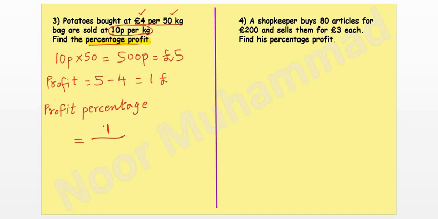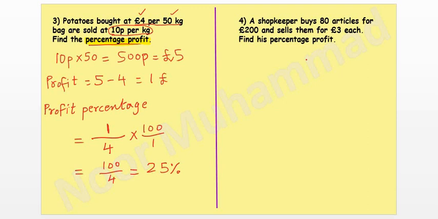If it's about the error, we write the error in the numerator. And what do we write in the denominator? The original amount. So what is the original amount? It's 4. I mean the original price of the potatoes. So times it by what? 100. Whenever we want to change any fraction into percentage, we multiply it by 100. So we are getting 100 out of 4. That means it's 25%. Okay, now better pause the video here.